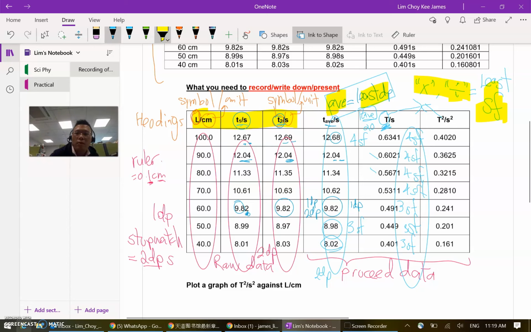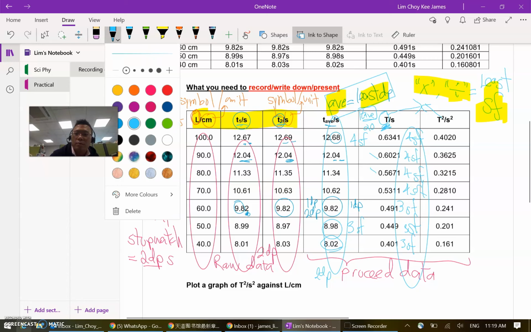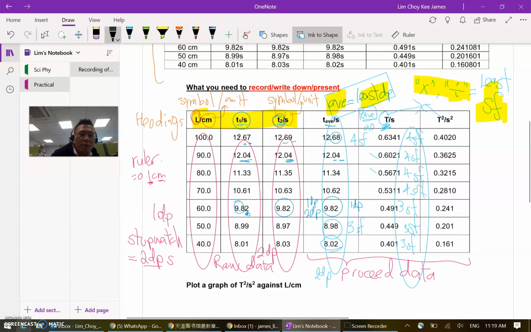Same thing for T squared. T squared means T times T. It's a multiplication, I'm using T multiplied by T. T is 4SF, so if I follow the least of them, I will just take 4SF. Which means for T squared, the first 4 data are recorded to 4SF.